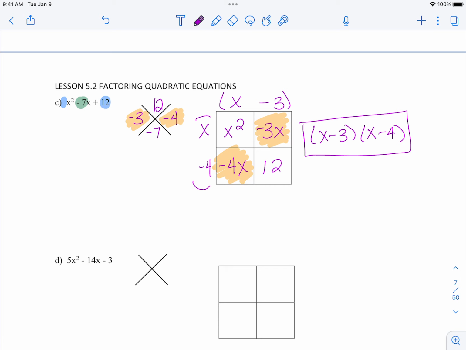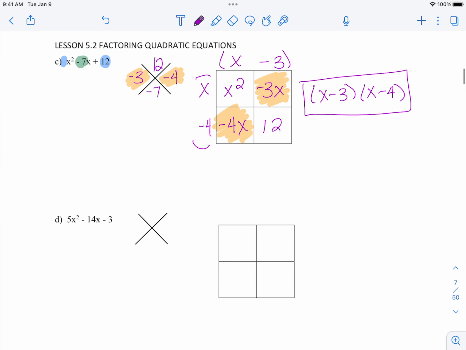All right, we have one more that we're doing today. This is 5x squared minus 14x minus 3. So I want you to try to set up the diamond problem first. Okay, so we have a 5 times negative 3, which is negative 15.